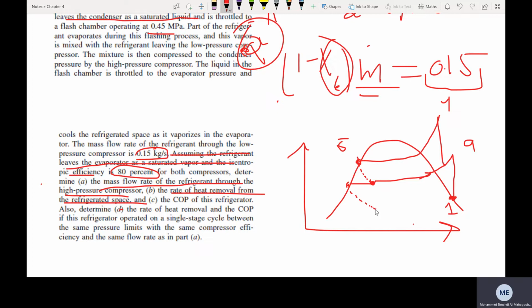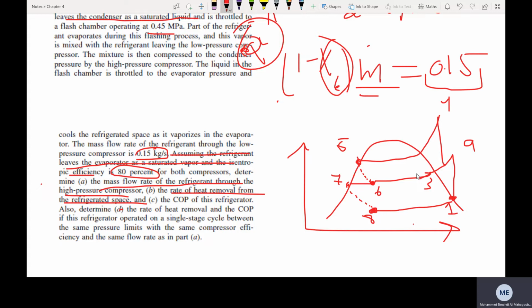It's not necessarily that these points are coincident. That's how the cycle is done. So this is 4, this is 5, this is 6 where we have the separation, this is 7, this is 8, and this is 3.